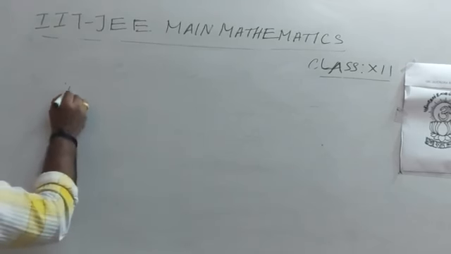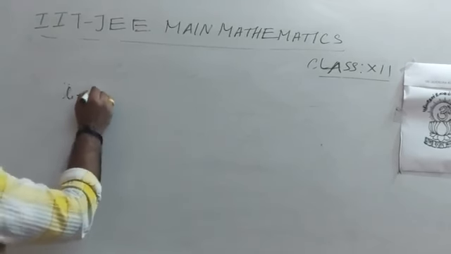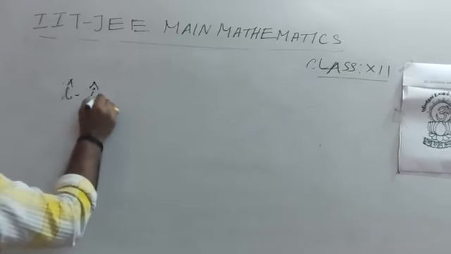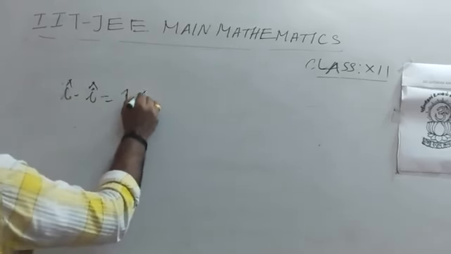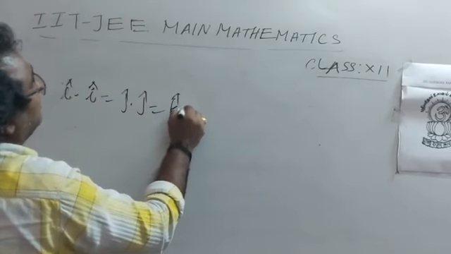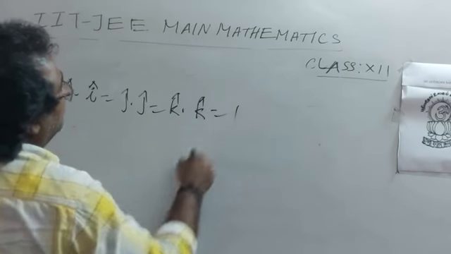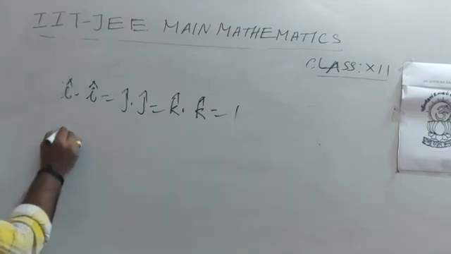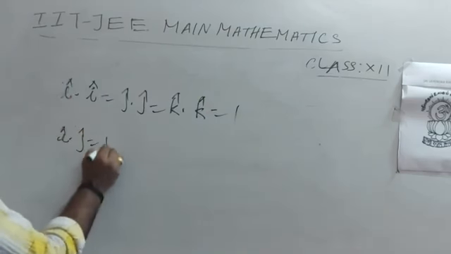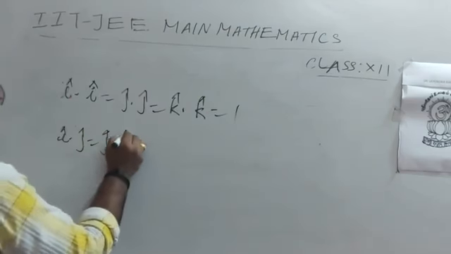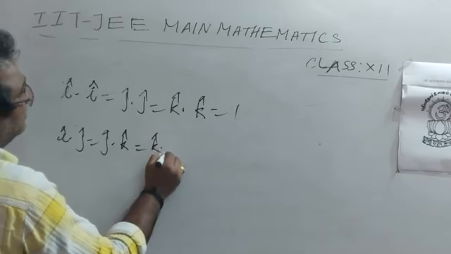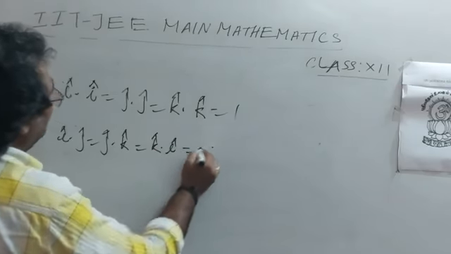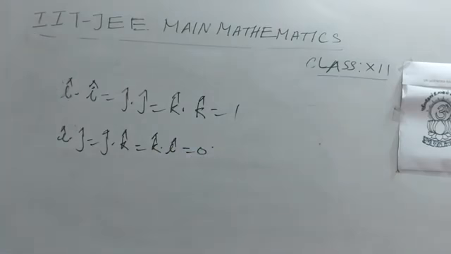Then I vector dot I vector, J vector dot J vector equal to K vector dot K vector equal to 1. So I vector dot J vector equal to J vector dot K vector equal to K vector dot I vector equal to 0.